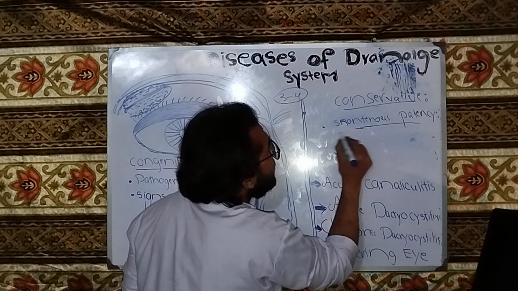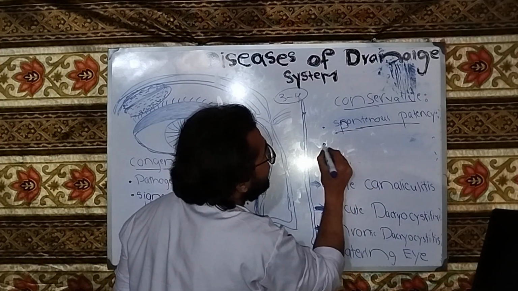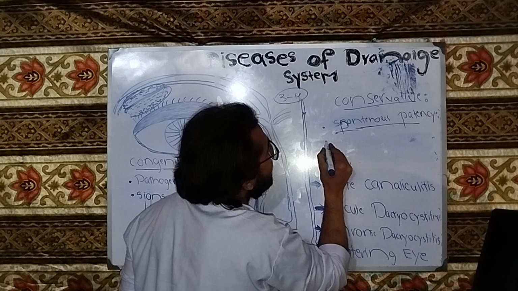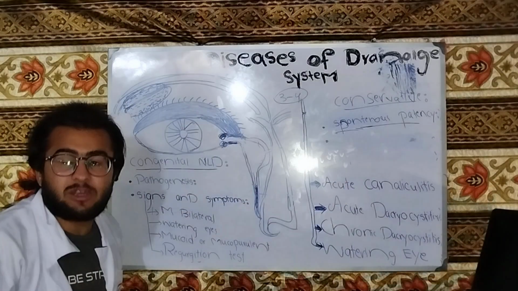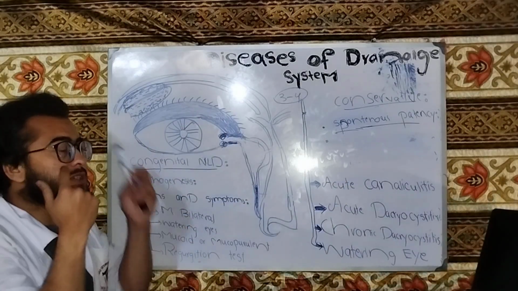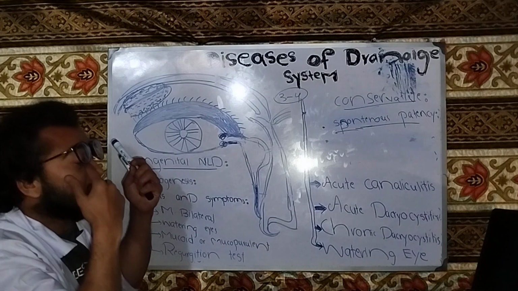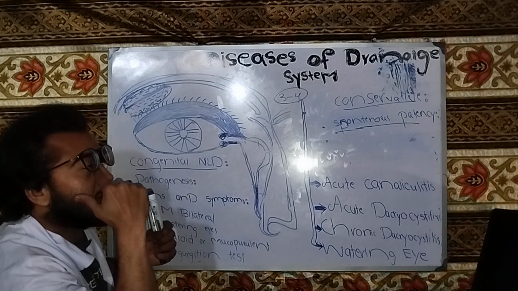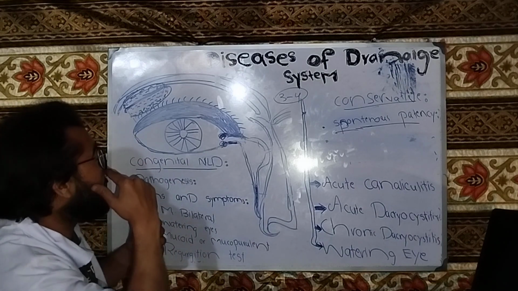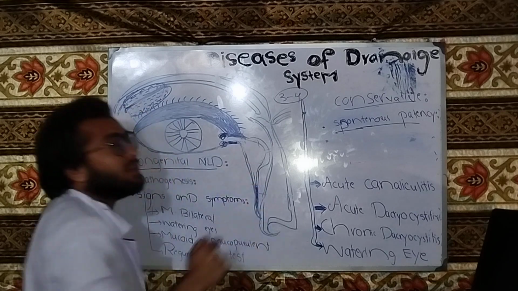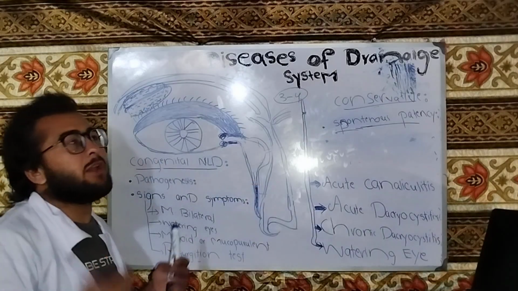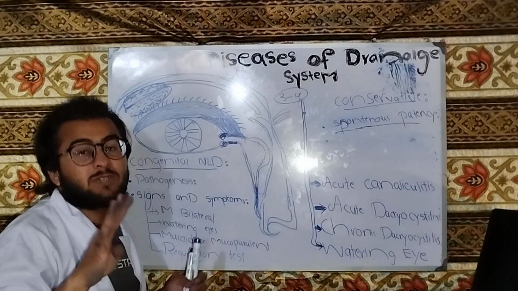Now the second one is that we will advise the parents to do a digital massage. We will advise them that they should do a daily digital massage of the nasolacrimal duct and sac. For example, they should do a massage of 10 strokes 4 times a day.